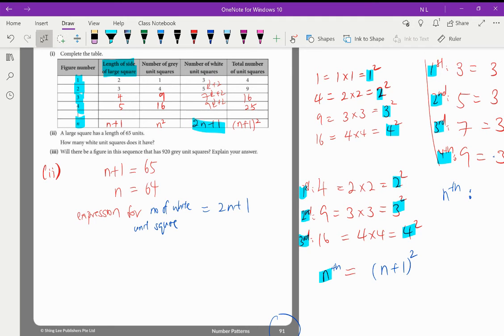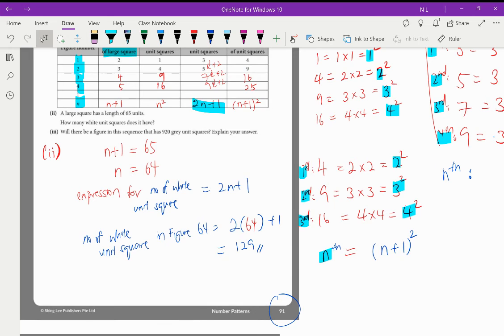To find out how many white unit squares there are in the 64th term, in figure 64, it will be 2 times, I replace my n with 64, plus 1, and this will give me 129. So figure number 64 has 129 white unit squares.